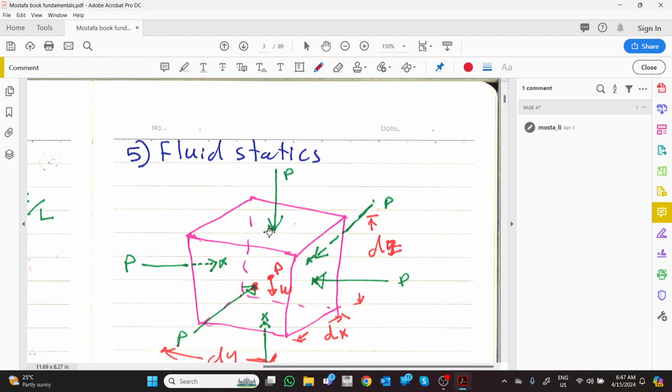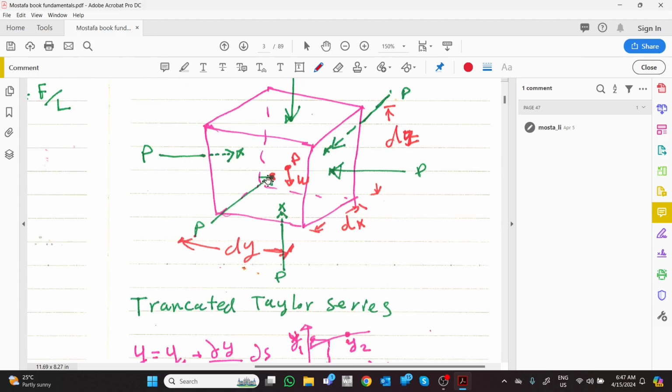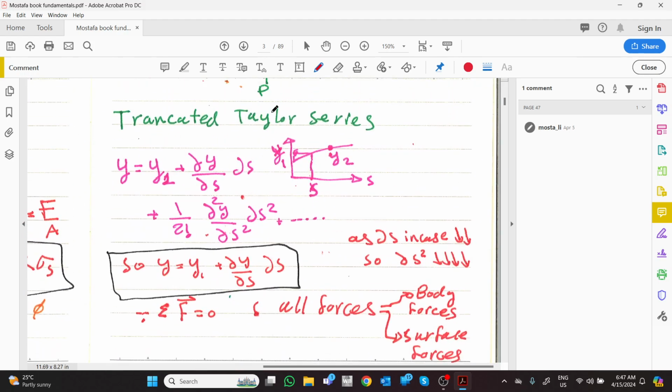So just for our information, we need to follow the truncated Taylor series. Taylor series is very simple. Forget the truncated name, Taylor series itself. It says that if you have a point at y1, this is any function, and you have a function.